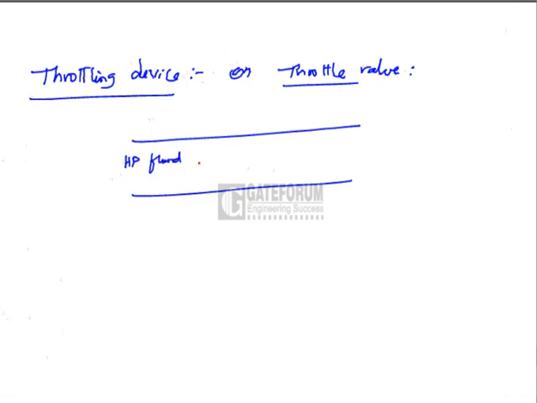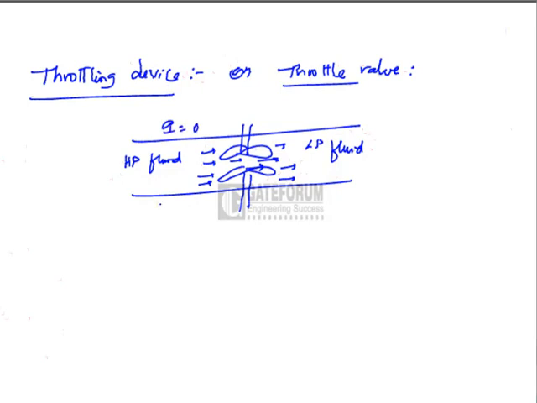Whenever a high pressure fluid passes through a small narrow passage or partially opened valve or multiple orifices, the pressure of the fluid decreases. Whenever a high pressure fluid passes through a narrow passage like a partially opened valve, its pressure decreases from high pressure to low pressure. Essentially, this is an adiabatic process without any external work done.